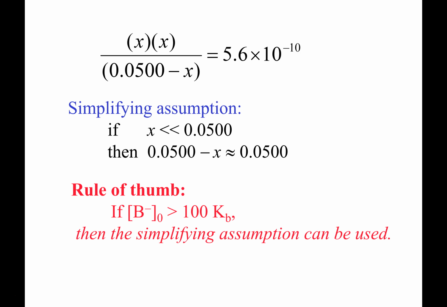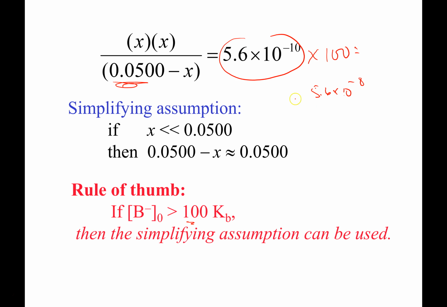So if we rewrite it, it's on the next slide. Remember, I messed this up a few lectures ago, but the way this works is, if you take the KB, which is 5.6 times 10 to the negative 10th, times 100, that's 5.6 times 10 to the minus 8.